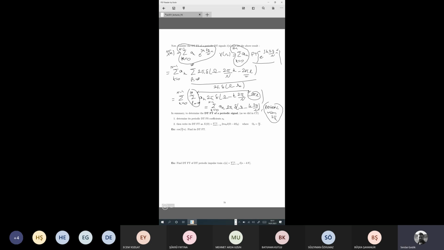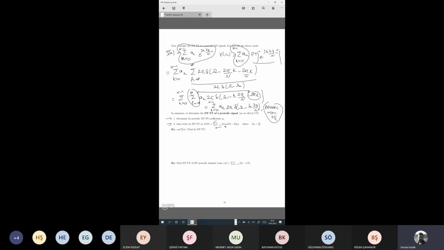So here, in summary, first you determine the discrete time Fourier series coefficients a_k, then simply write it in this form. So that's all. Actually here k runs from minus infinity to plus infinity. Actually the a_k's are periodic, so since the a_k's are periodic, the signal with k running from minus infinity to plus infinity is also periodic.